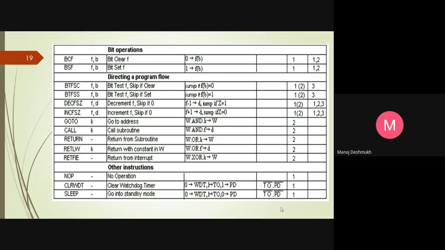B means bit, C means clear, and F is your file register. So BCF, which register is there? File register is there. So out of that file register, comma B. B is your bit number. B may vary from 0 to 7, like BCF PORTA comma 2. So from port A, bit number 2 is cleared.